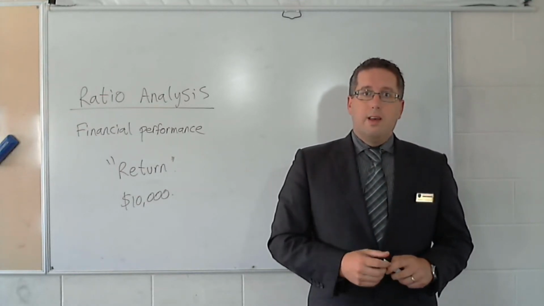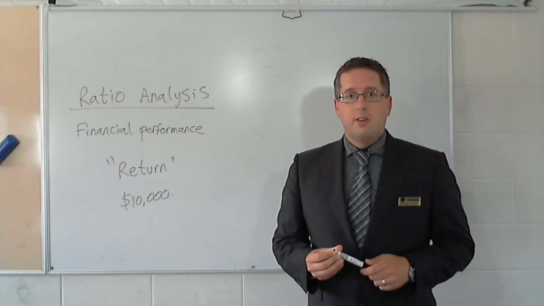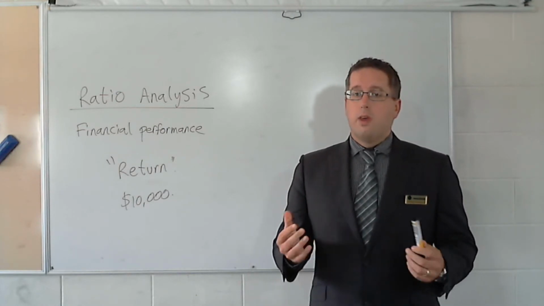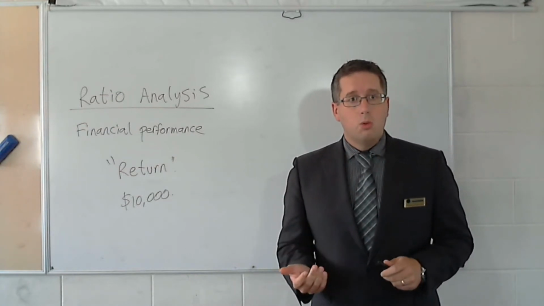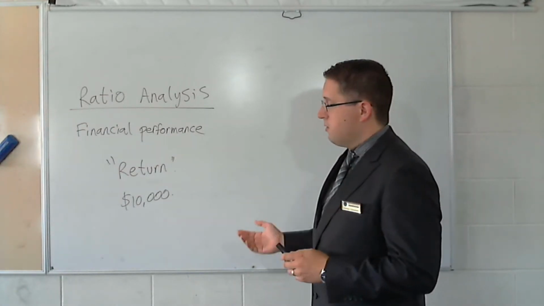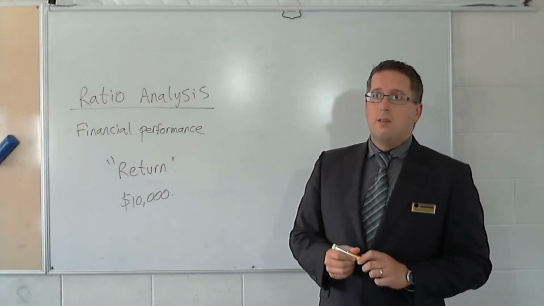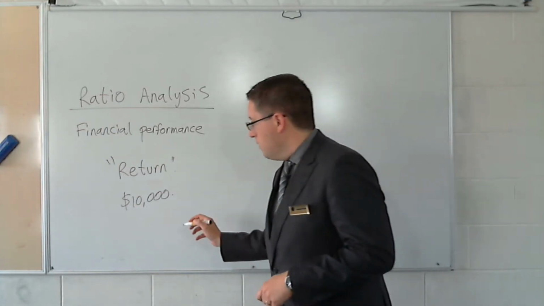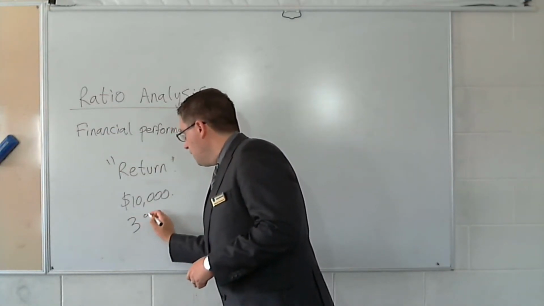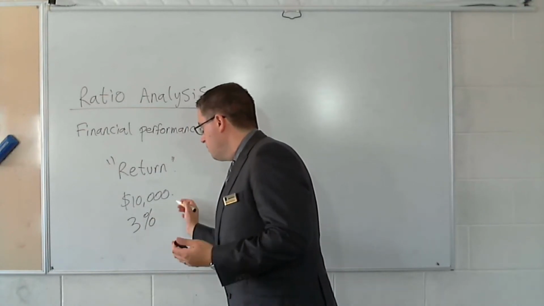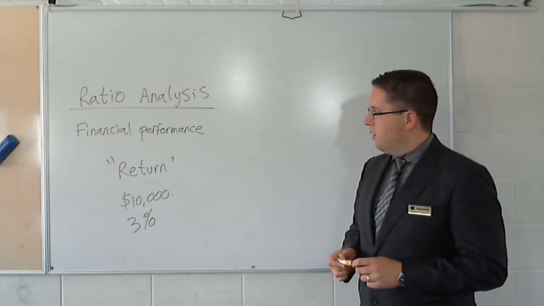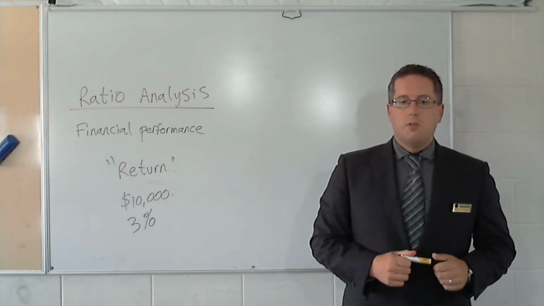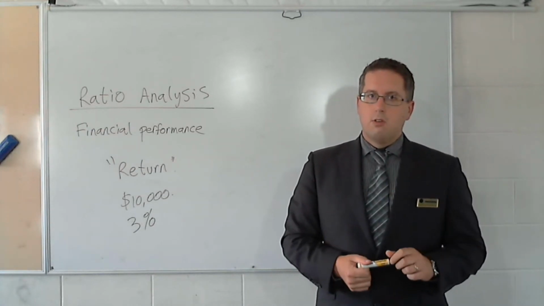You can look at some interest rates of banks, do some research on what the current interest rates are. Currently in New Zealand, the interest rates are quite low. So if you had $10,000, the amount of interest you would be receiving, if you're lucky, might be around about 3%. Not very much. So if you had $10,000 for a year, you would earn $300.